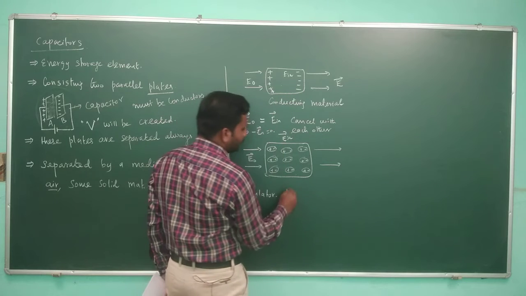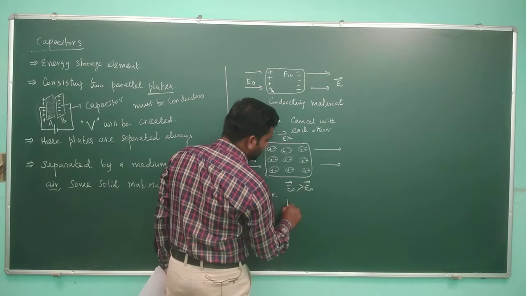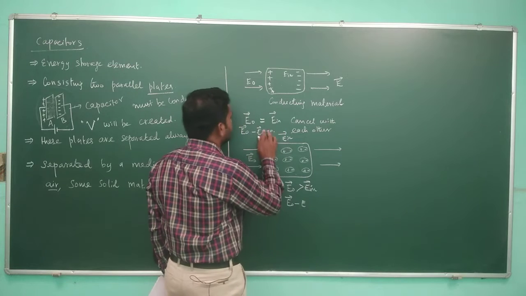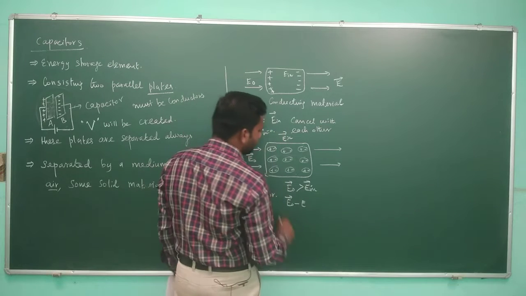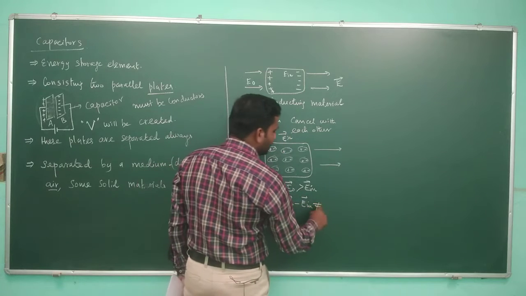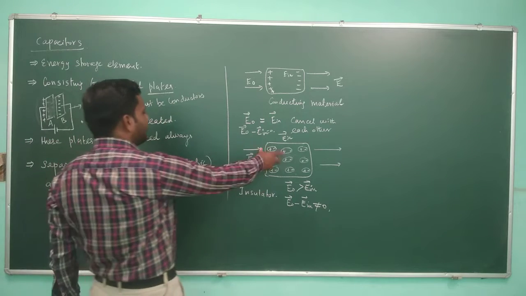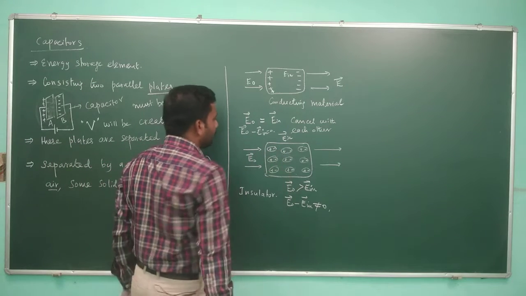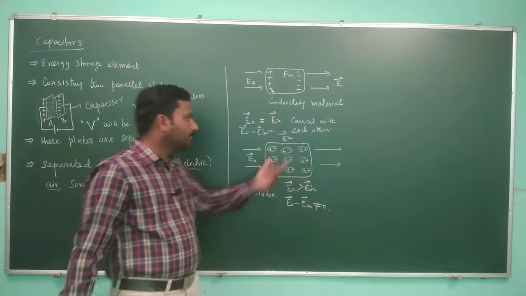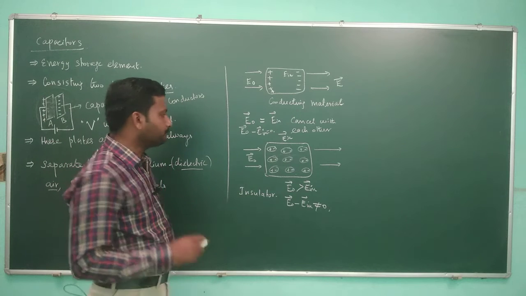But here E naught in one direction is greater than E n in the other direction, so E naught minus E inside, not E n, is not equal to 0, as this value is lower than that value. So essentially the field within the material is not going to be zero.